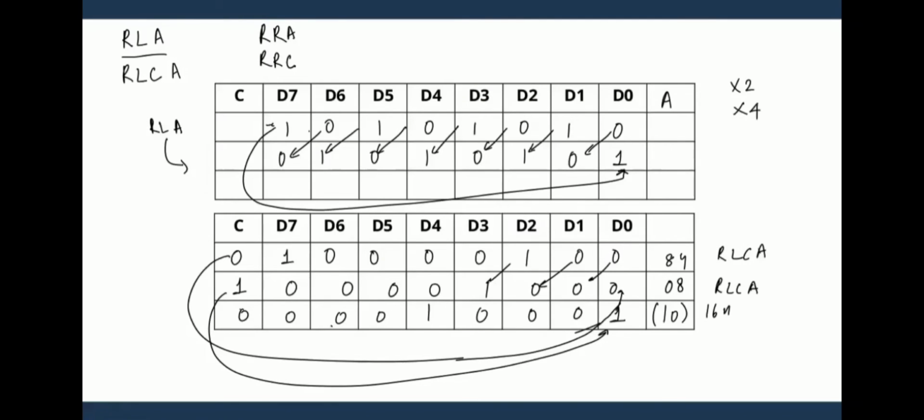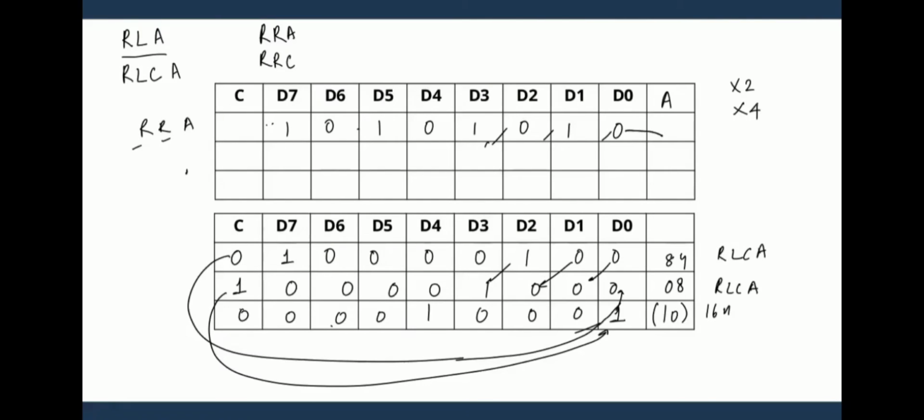Now the case with RRA and RRC, that is rotate right accumulator as well as rotate right accumulator through carry. The rightmost bit will move to the carry. Here, let it be RRA with 10 10 10 10; the rightmost bit goes to the carry, and D7 becomes 0, D7 becomes D6, D6 becomes D5, D5 becomes D4, like that.